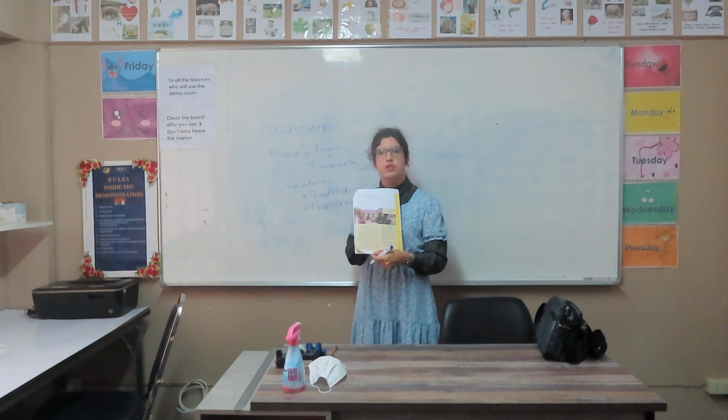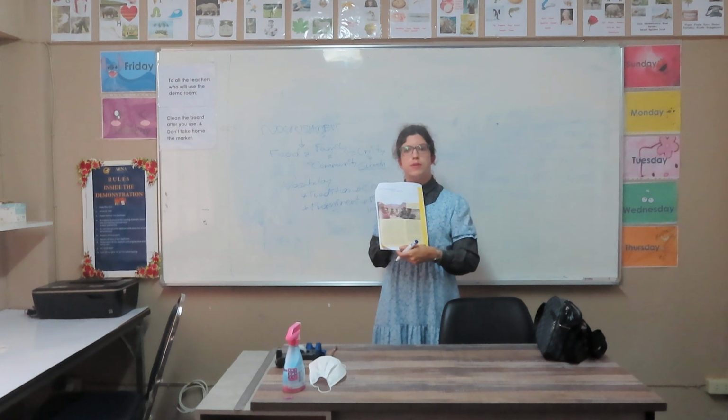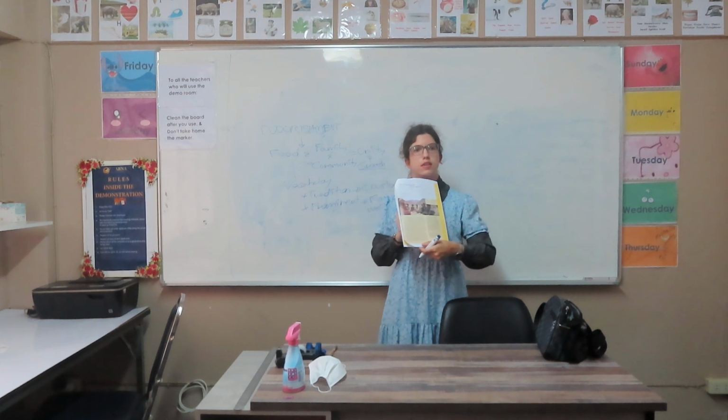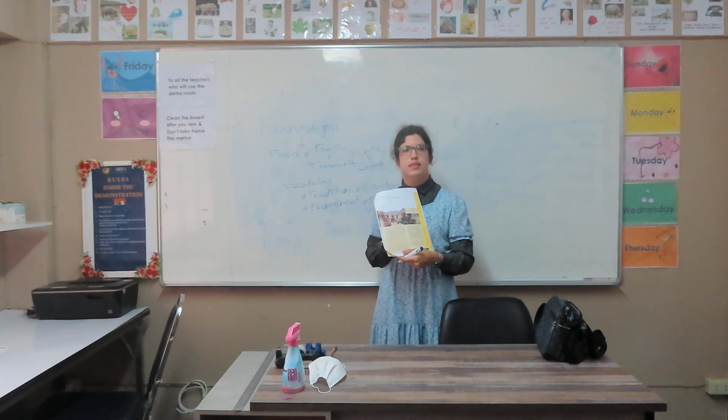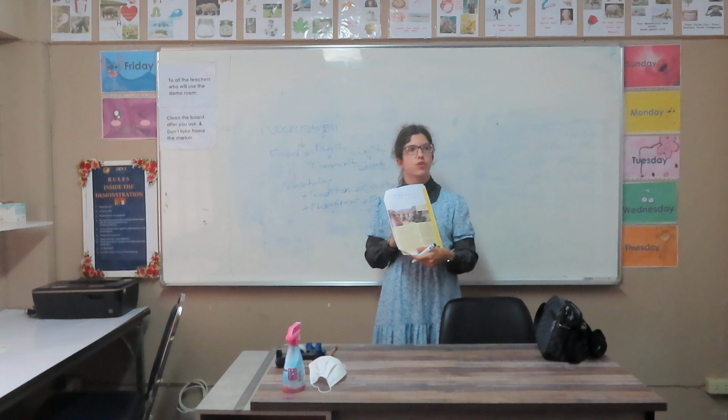So in the first part of the reading, they have a table that they have to do in their notebook or in their worksheet, where they have 7 kinds of food from abroad.